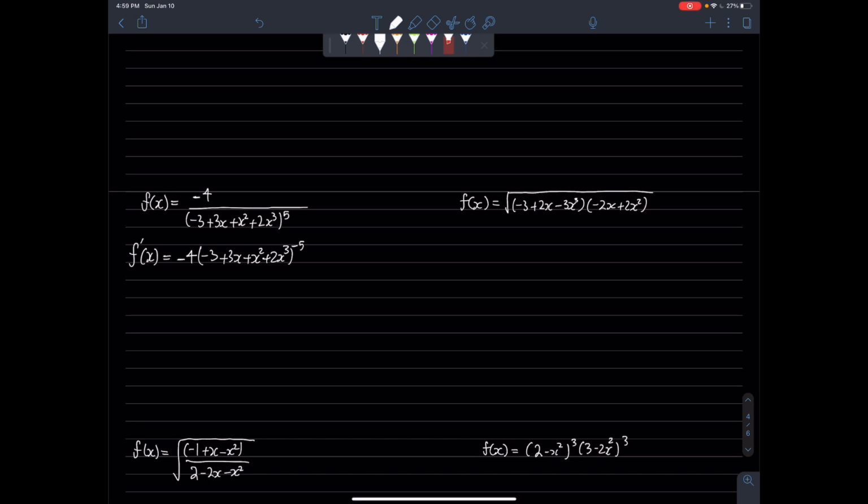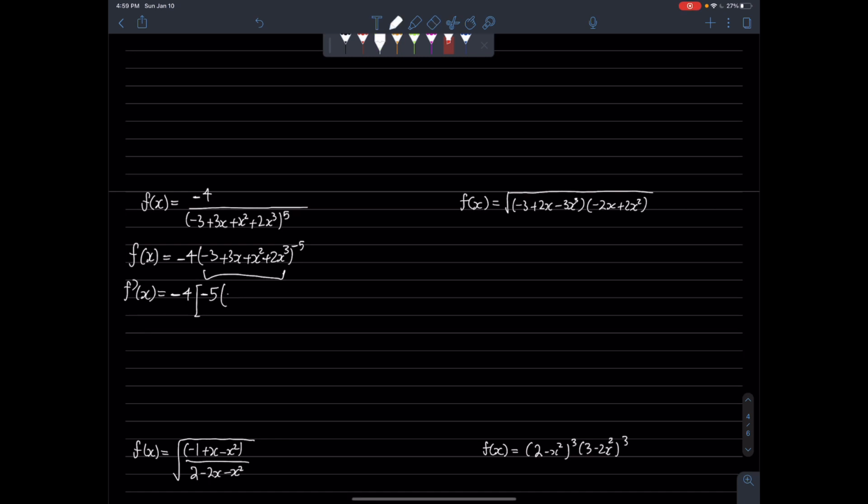So now we have a function of a function. Our outside function is this to the power of negative 5. So we get f prime of x now. Negative 4 is going to be here still. We have a negative 5 now times the derivative of the inside. No, my bad, not the derivative of the inside yet.